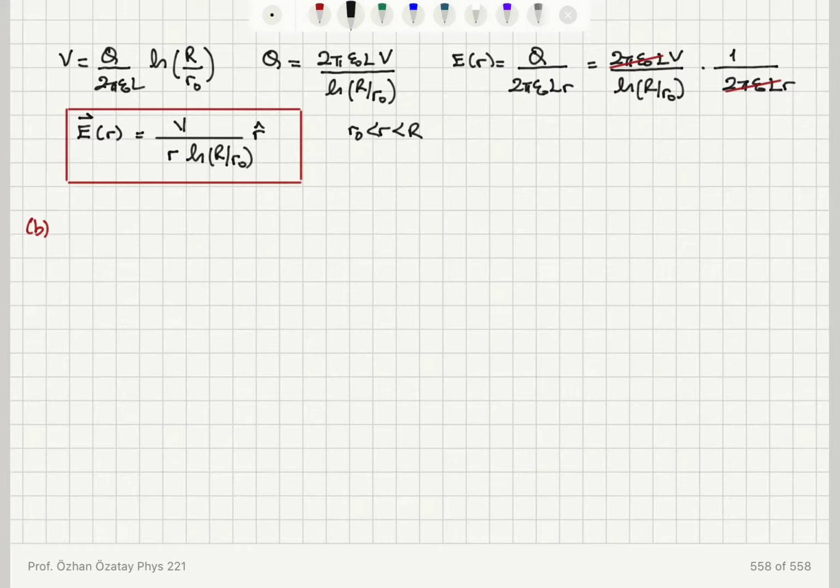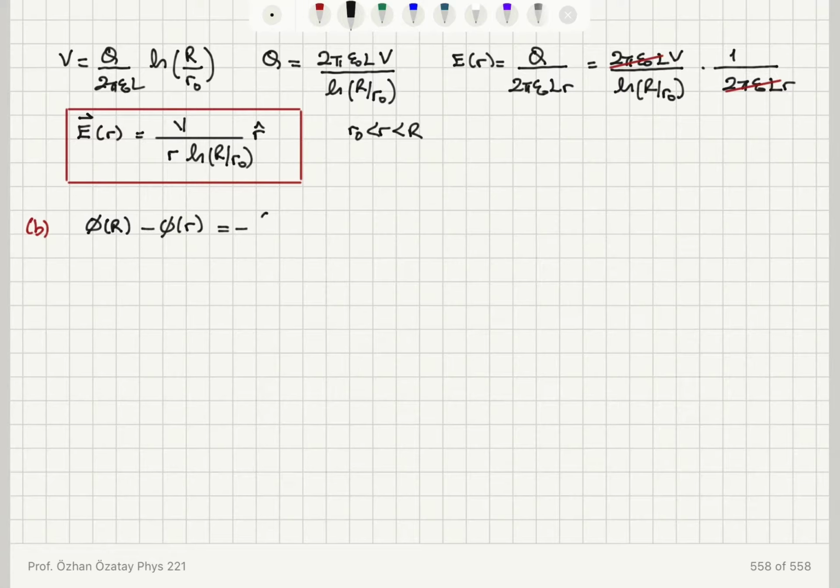Now the potential at r minus the potential at capital R, let's say, will be, because I want to go in the radially outward direction, let's find the potential difference between capital R and r.